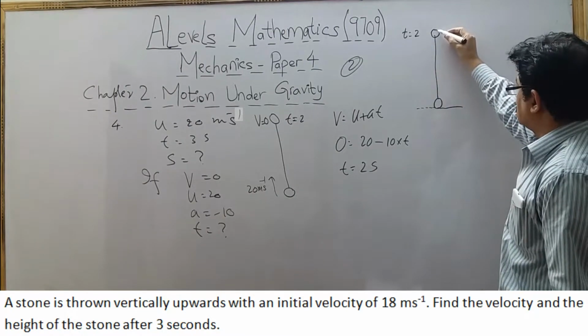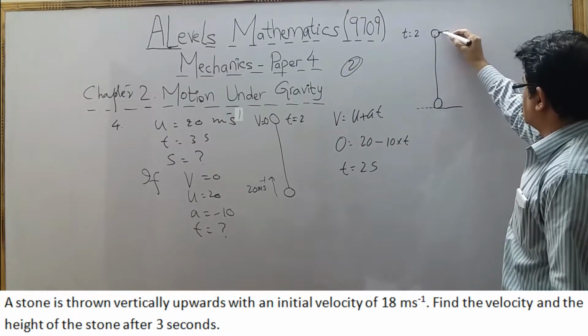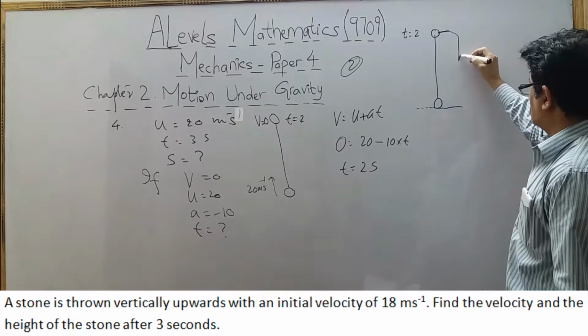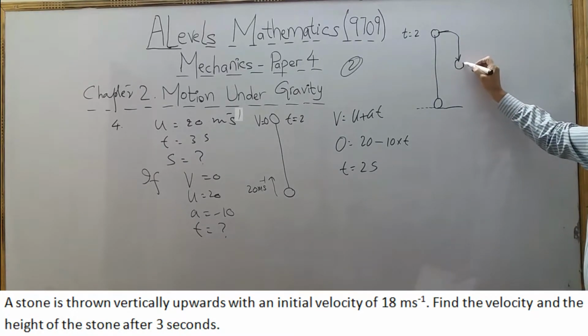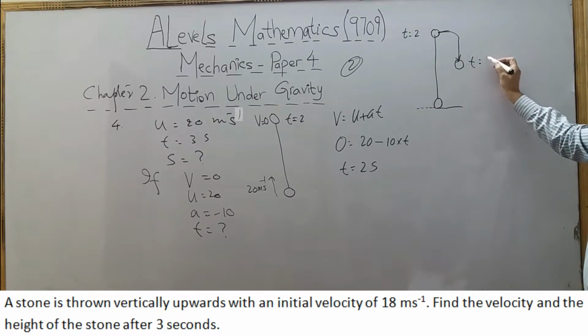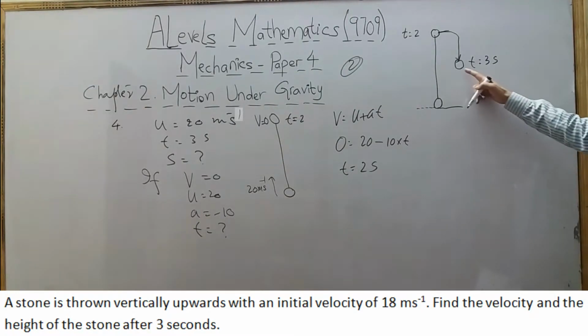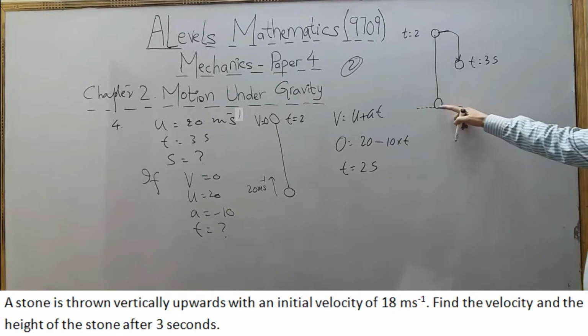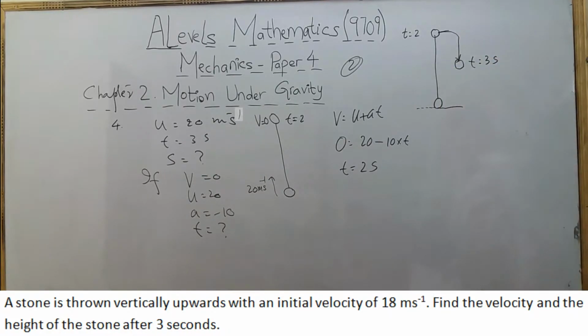So it comes from here, it comes back. So it will be somewhere here at time is equal to 3 seconds. So after 3 seconds it will be coming down. As it takes 2 seconds in going to the highest point, it will again take 2 seconds in coming down. So 1 second is gone, 1 second is left.